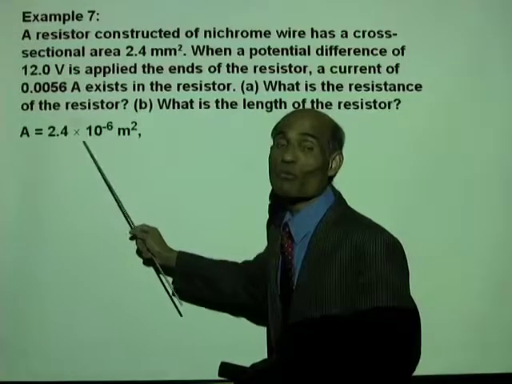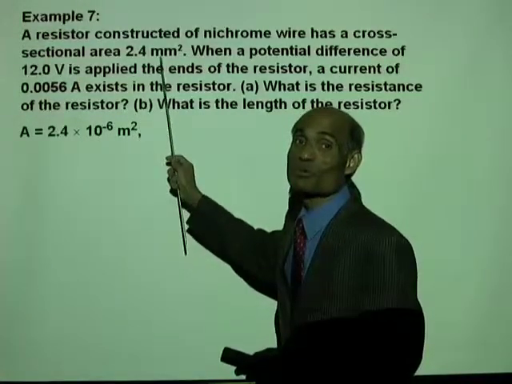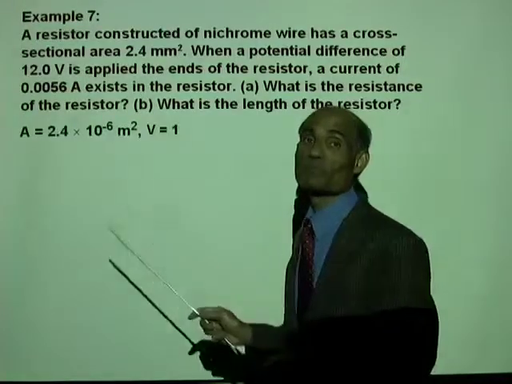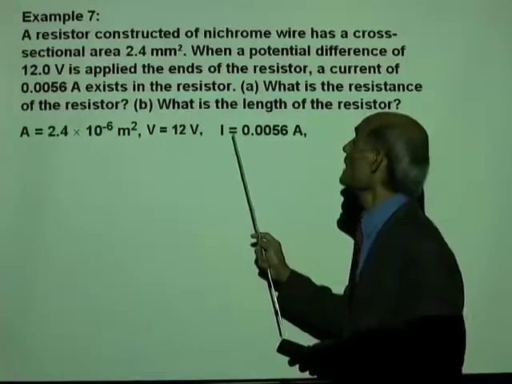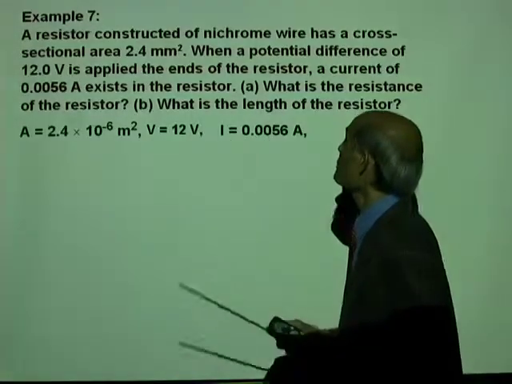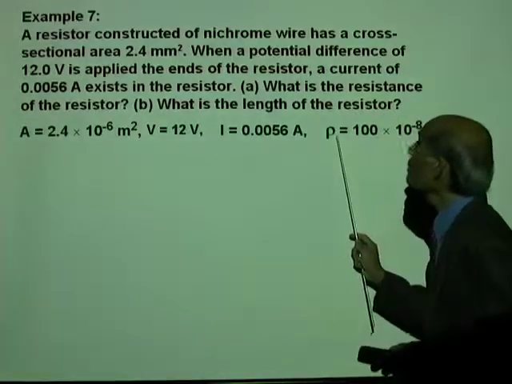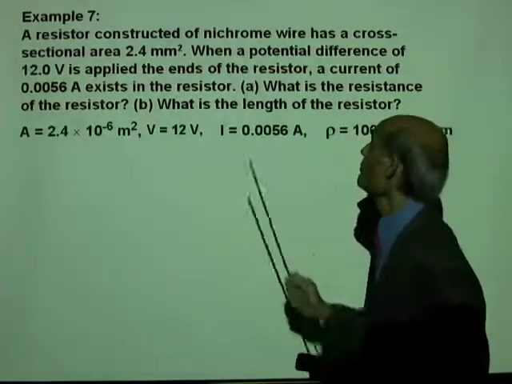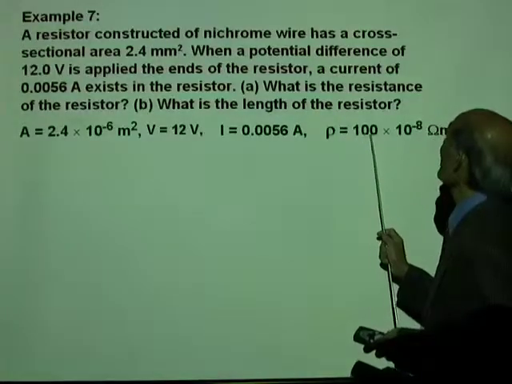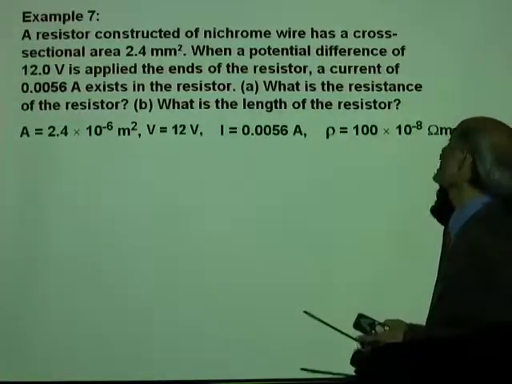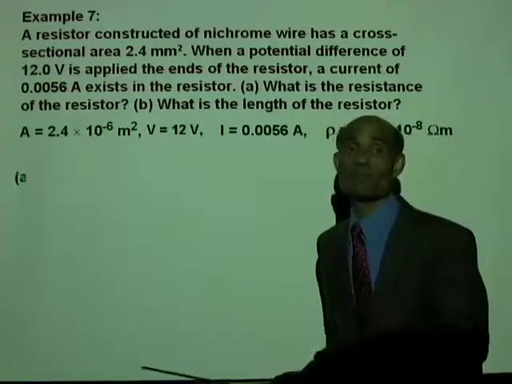That is 2.4 times 10 to the negative 6 meter square. I hope you understand that conversion. The potential difference is 12 volt and the current is 0.0056 ampere. The rho for nichrome, I picked it from the table, is 100 times 10 to the negative 8 ohm meter, and those are our data.